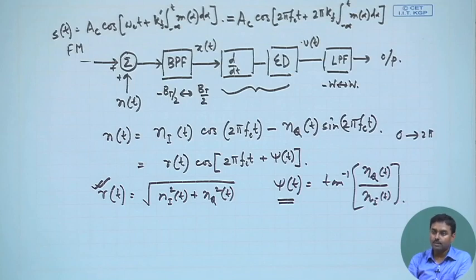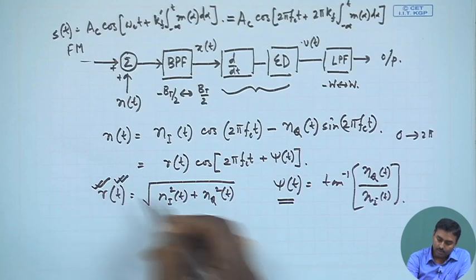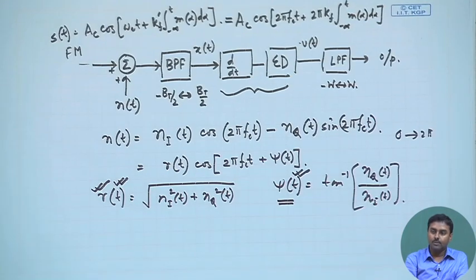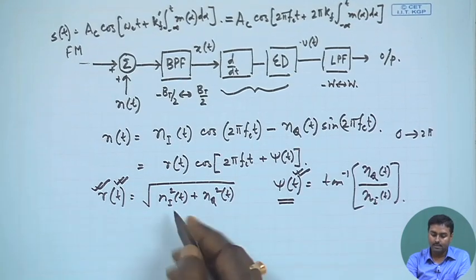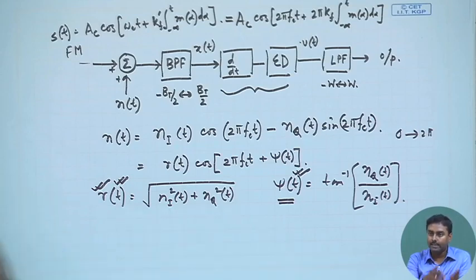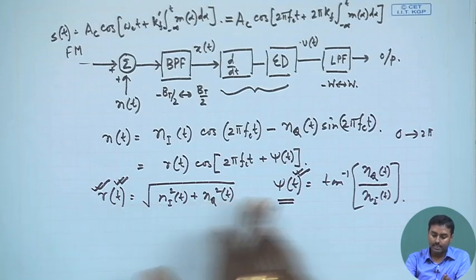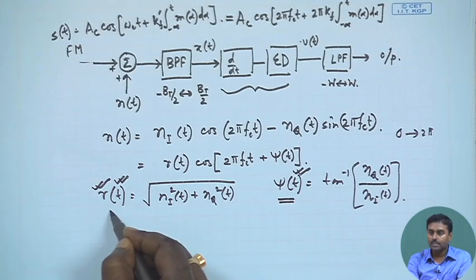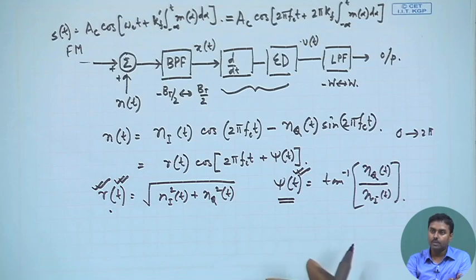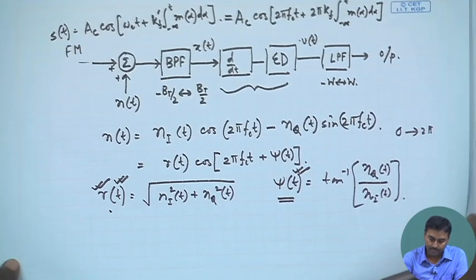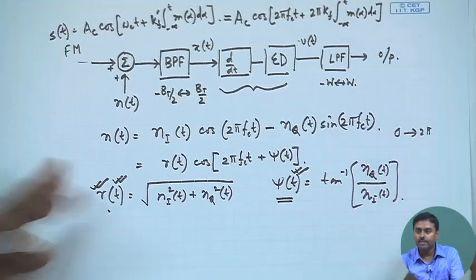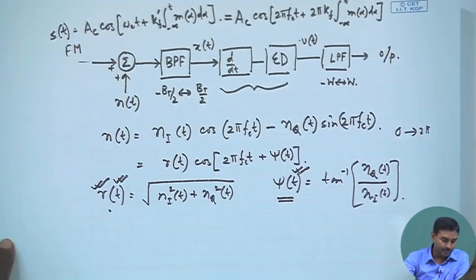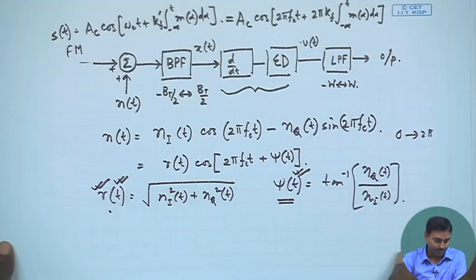So, Ni and Nq, or overall N(t), follow a Gaussian distribution, and it can be proven that R(t) follows a Rayleigh distribution and psi(t) follows a uniform distribution between 0 to 2 pi. We are just leaving it here, but you will see that is not that much required for our derivation. Anyway, we have got this.